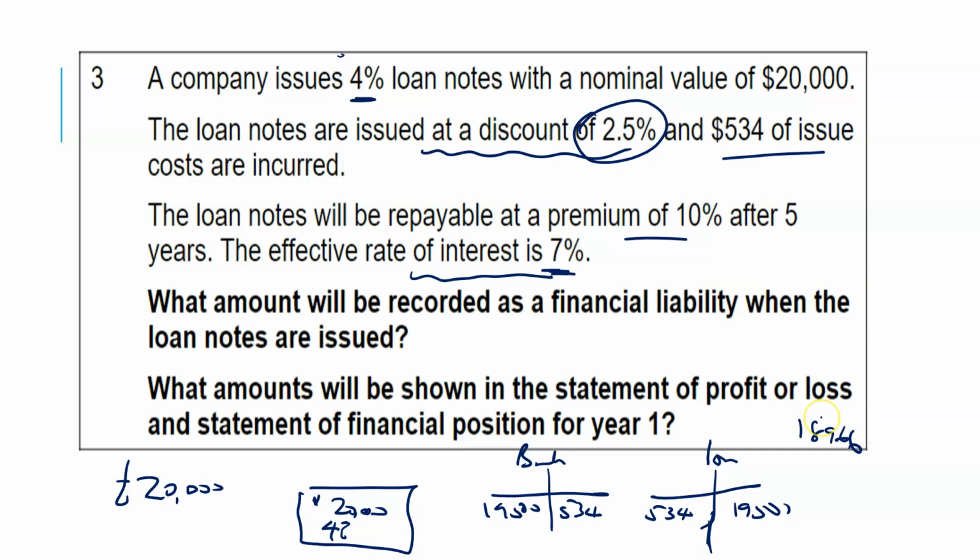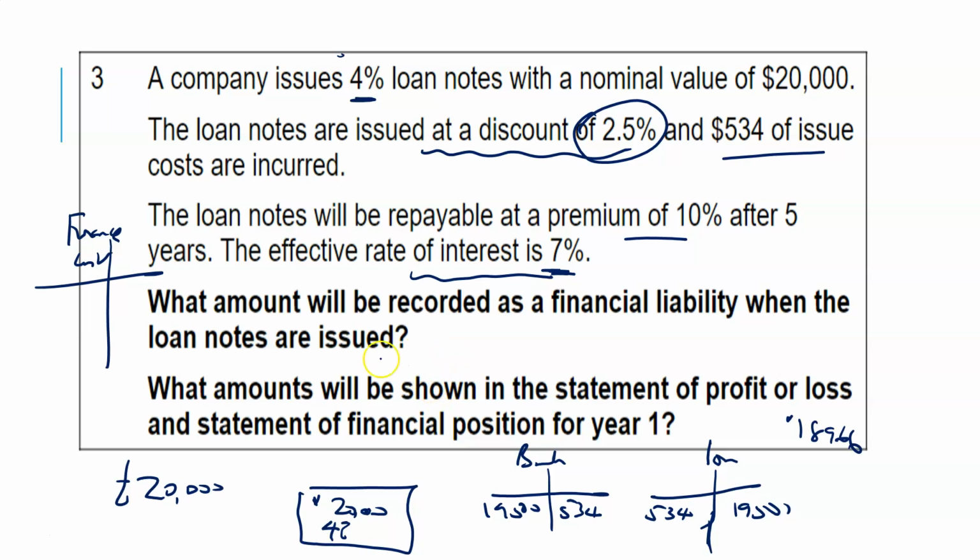So as usual we record our 7% on that, because that's the finance cost. So it's the 19,500 minus 534, which is 18,966, and then you charge the interest of 7%.